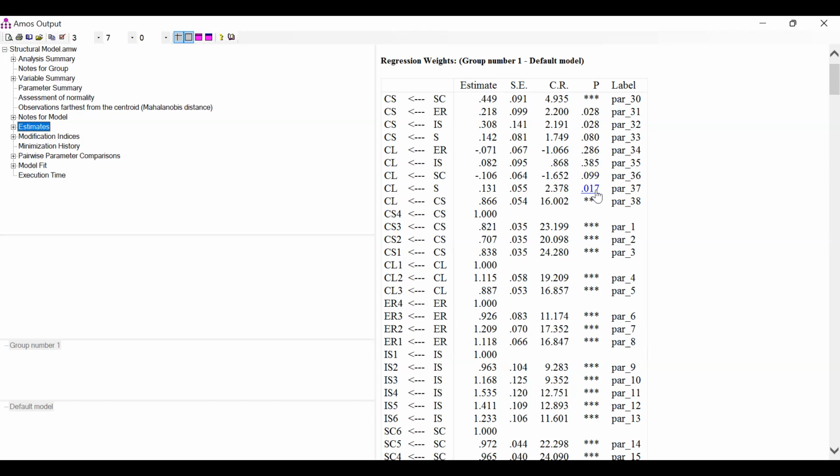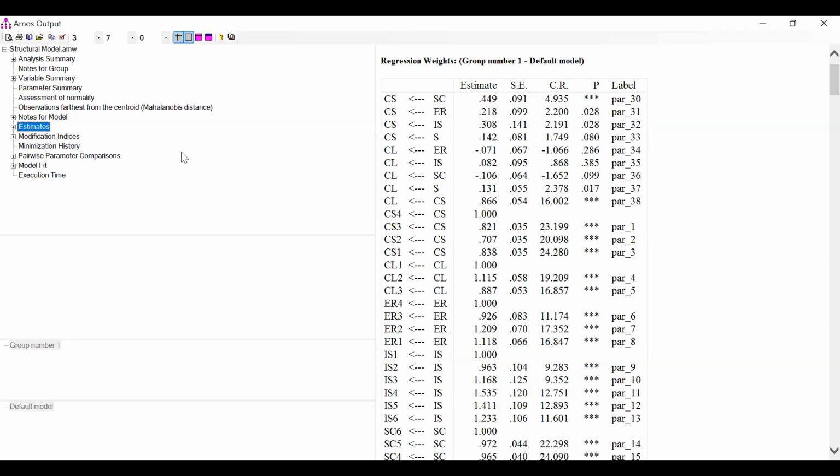However, S to CL and CS to CL are significant. So out of the total 9 paths in the diagram, only 5 were significant. The rest were not significant. This is the hypothesis testing part of the structural model.